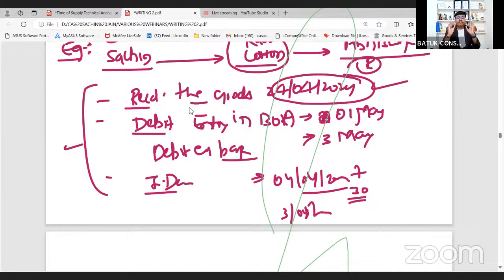So in case whenever there will be a supply under reverse charge mechanism, in that case the time of supply for recipient will be the date of receipt of goods or entry in bank account or books of accounts, or 30 days from the date of issue of invoice, whichever is earlier, that will be treated as my time of supply. I suppose this example is okay for everyone, and I request everyone to please provide the comment in chat box that this concept is clear in your mind.